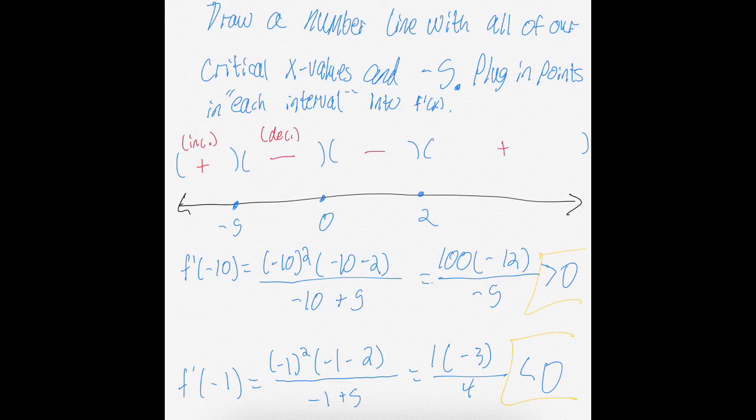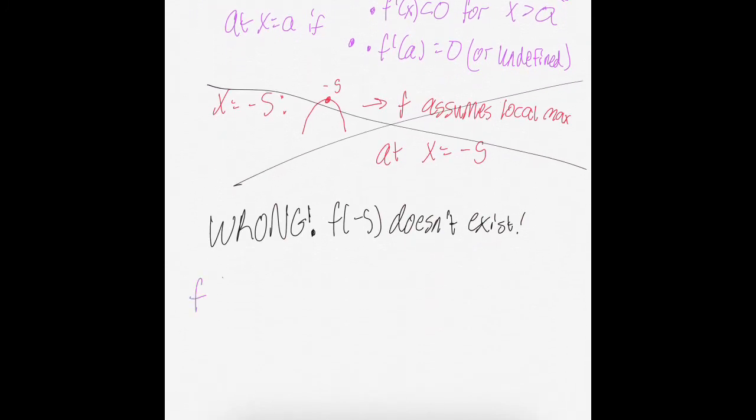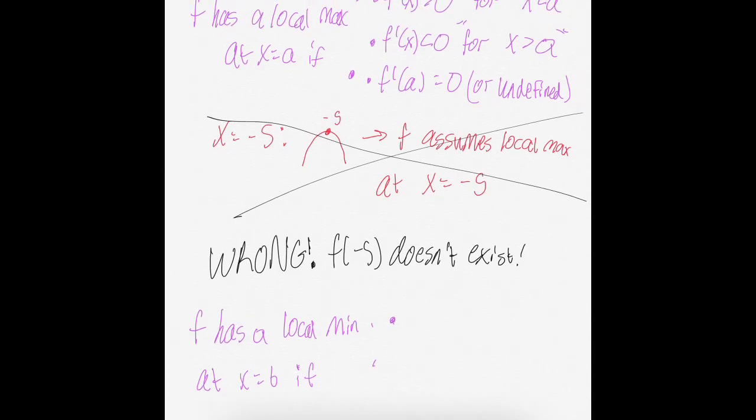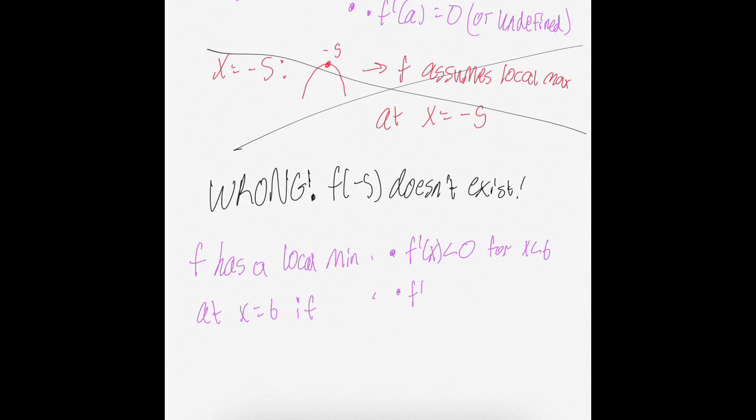It doesn't look like there are any other local maxes because there's nowhere else where to the left of a point the derivative is positive. At 2, to the right of it, it's increasing, but not to the left of it. But that brings us to local mins. So f has a local min at x equals, I'll call it b this time so that we don't get confused, if, and it's going to be very similar ideas.